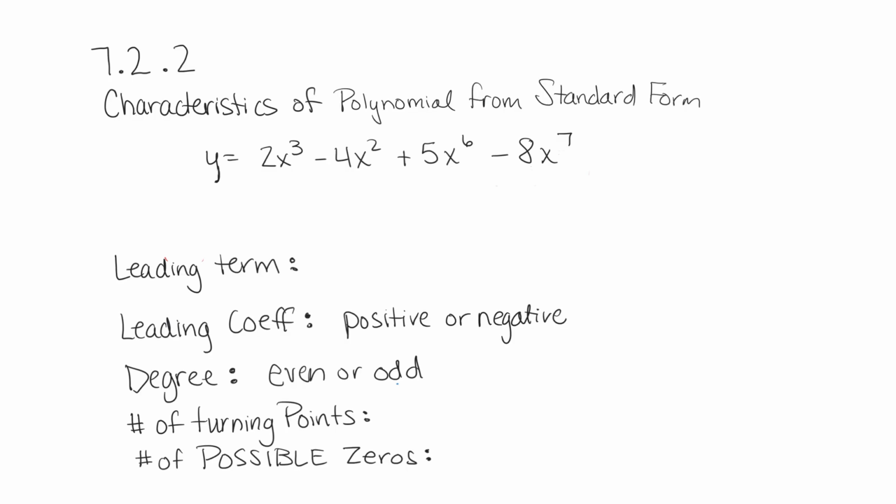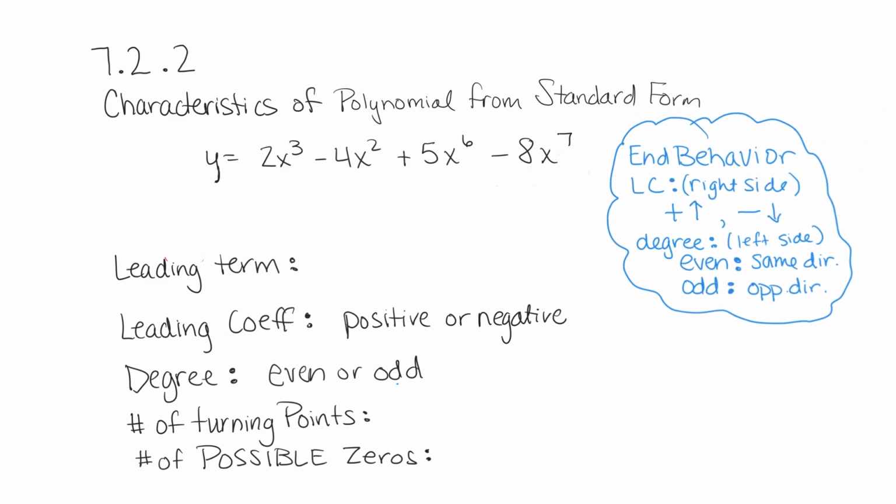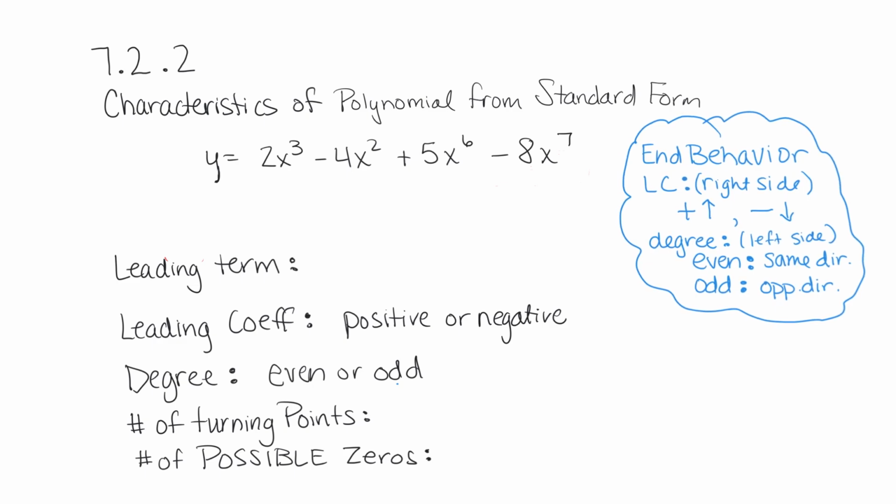All right, so from that discovery, I hope that you realized what's happening. We can determine what the end behavior of the polynomial is going to be based on the degree. Remember the degree. When I look at this degree, that means the highest exponent.